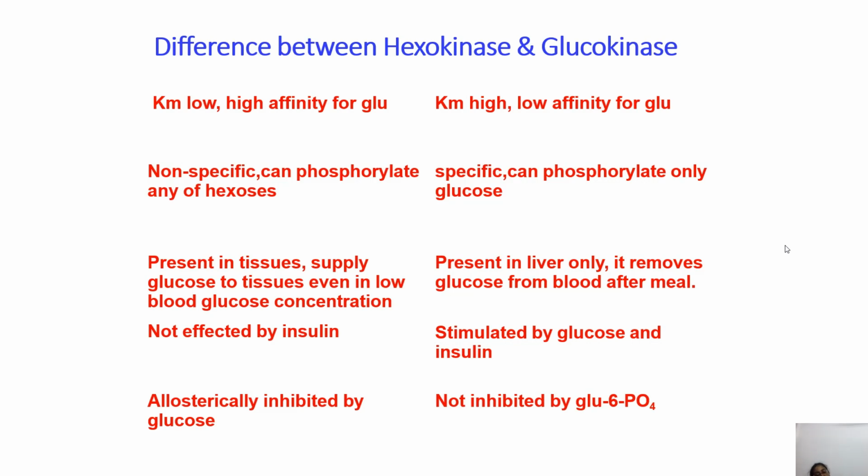So hexokinase is non-specific and phosphorylates any of the hexoses, whereas glucokinase can only phosphorylate glucose. Hexokinase is not affected by insulin. Glucokinase is stimulated by glucose and insulin. Hexokinase can be allosterically inhibited by glucose 6-phosphate, whereas glucokinase is not inhibited by glucose 6-phosphate.